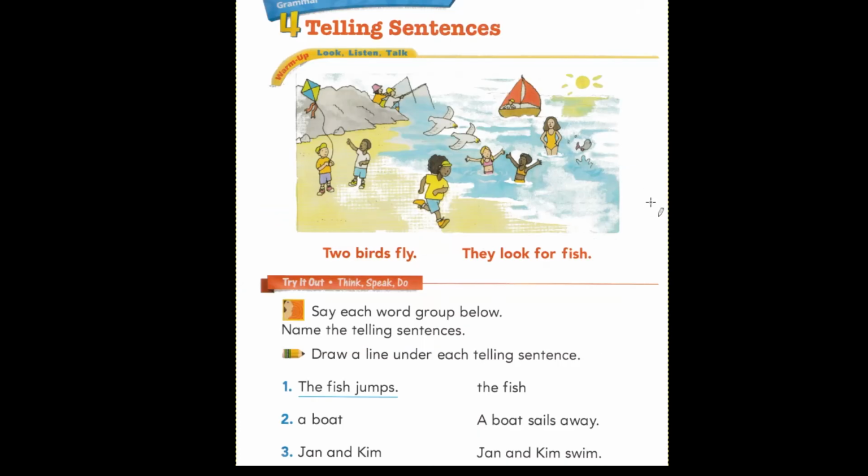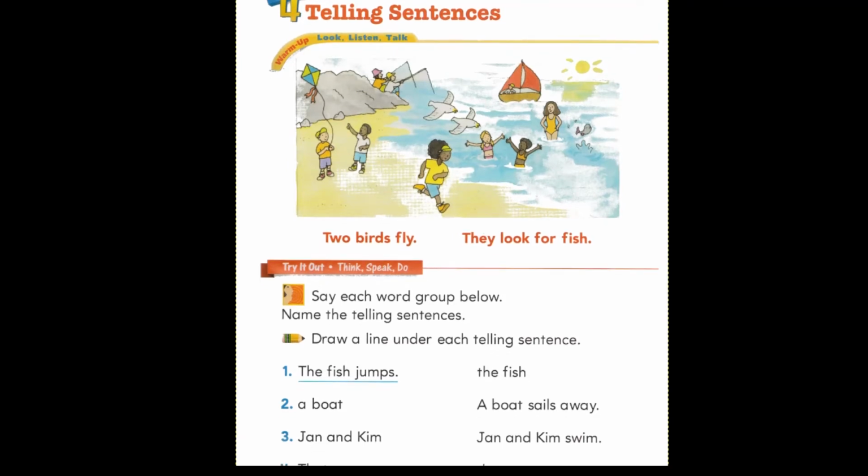Okay. So I have some worksheets right here and we could see what it is and we could demonstrate together. Let's look. So let's see, number 4, telling sentences. Let's look at the picture. And looks like we're at the beach today.